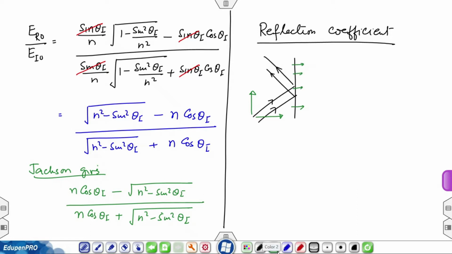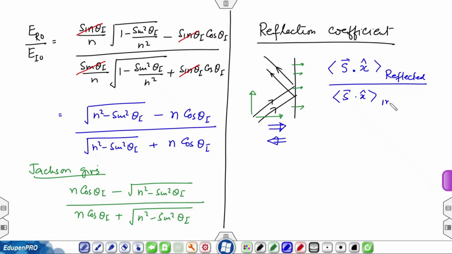So, in our case, we will be talking about how much energy is coming in and how much energy is going out. So, energy is nothing but Poynting vector, and I am talking about its x component, time averaged, reflected, divided by Poynting vector dot x incident.